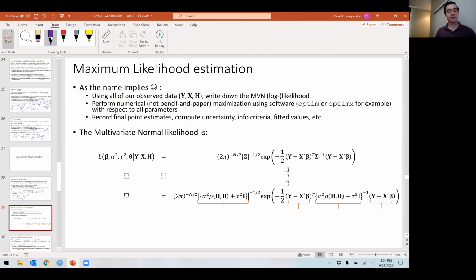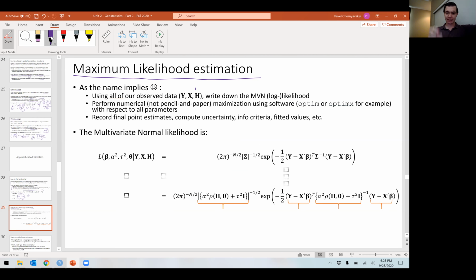So let's dive into the multivariate normal more deeply. What we're going to do is a maximum likelihood estimation by hand. We're going to use our observed vector of observations, y, our design matrix, which contains all of your covariates, quantitative, categorical, everything, and h, which is your distance matrix.